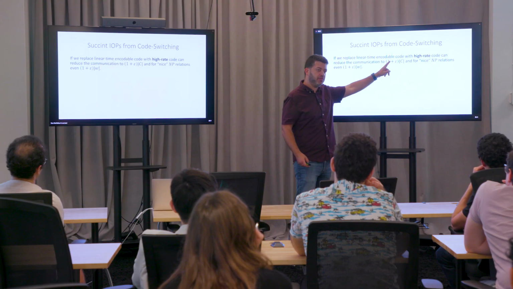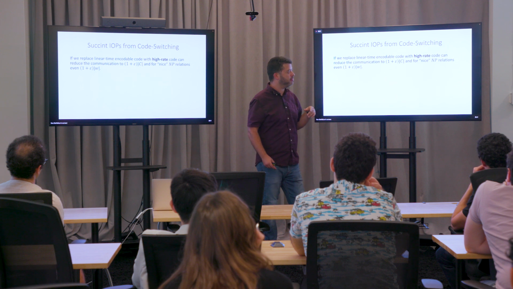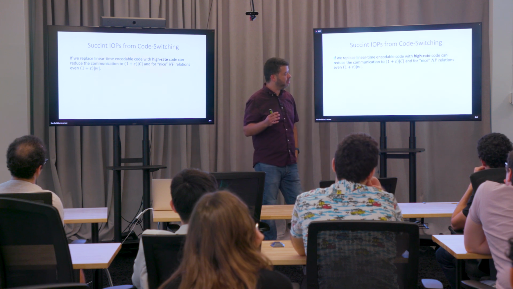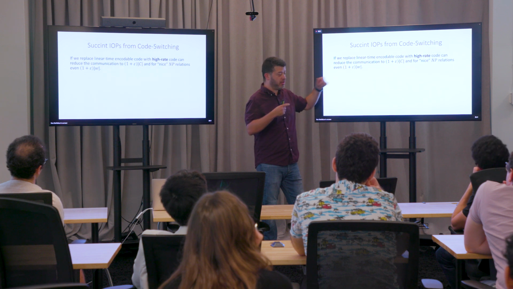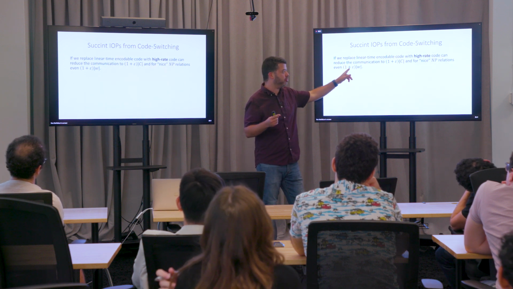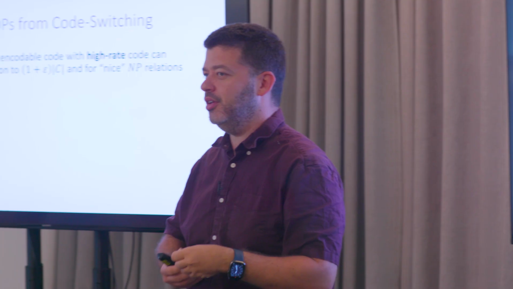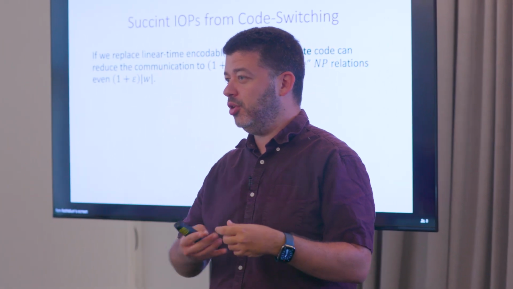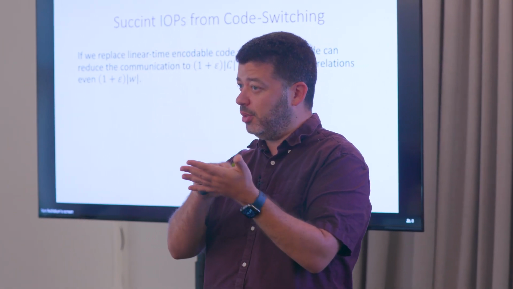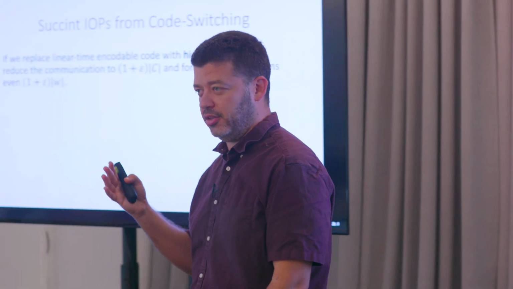And actually, for nice enough NP relations, which include probably any NP relation that you have in mind, we can even get the communication in the IOP to be just 1.1 times the witness length. So if you compare it to the naive proof of sending over the witness, to a proof in which you need to read only a small number of bits, you only need to increase it by a 1.1 factor.